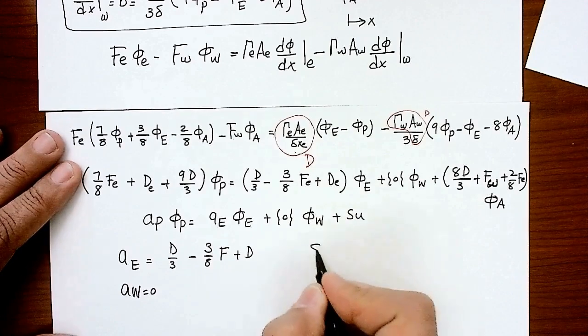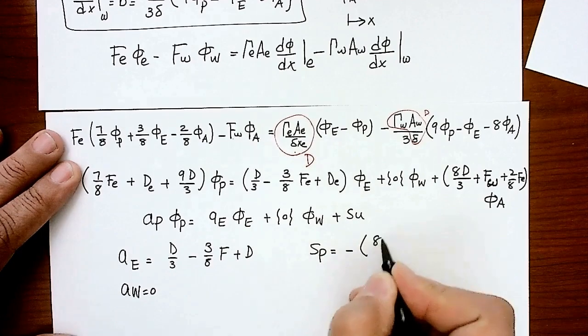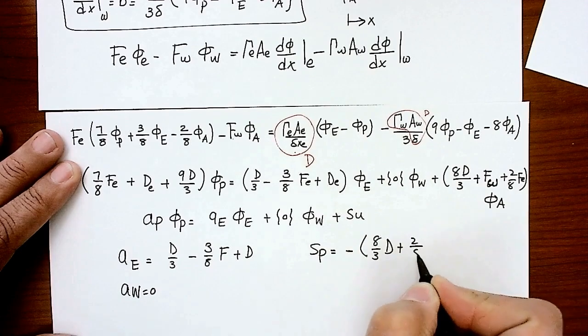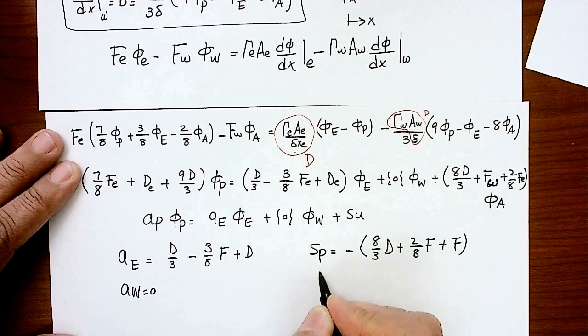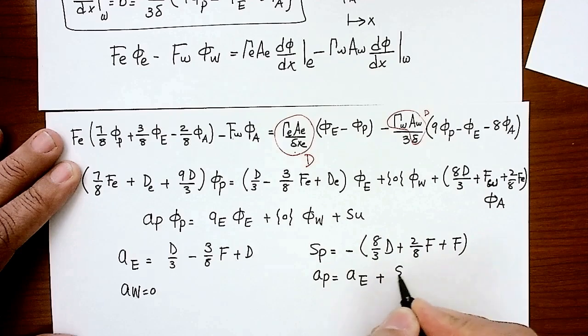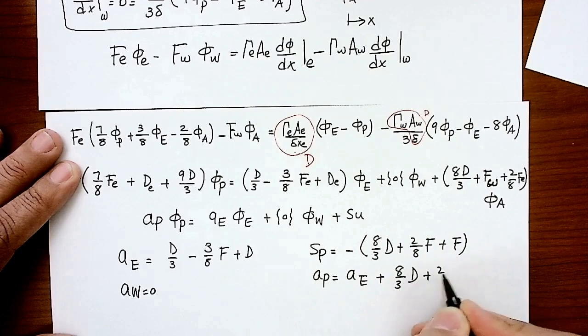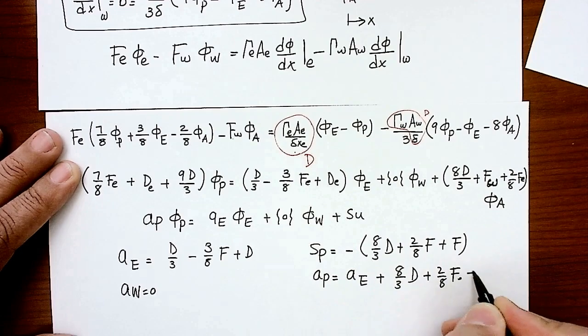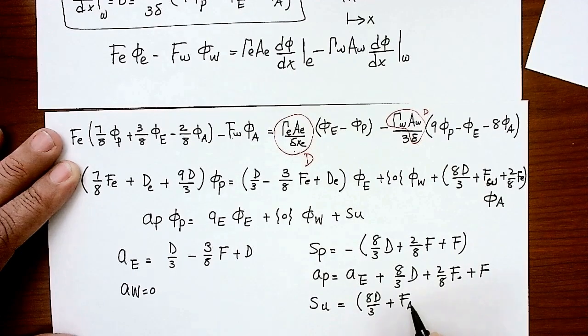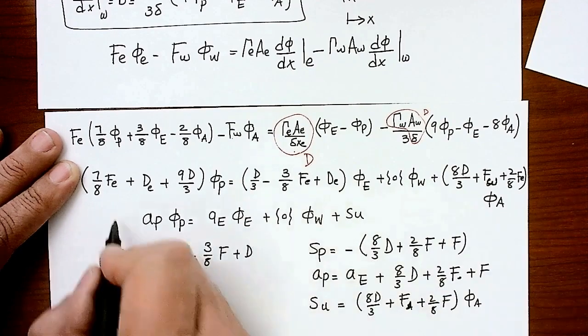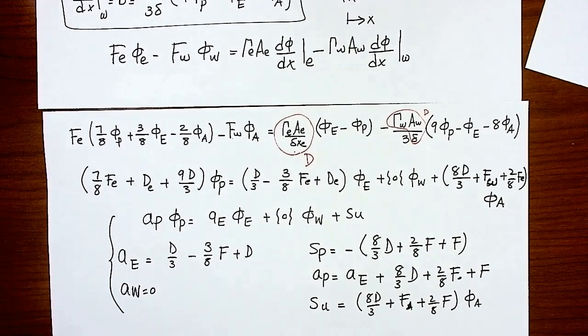I have SP is equal minus 8 over 3 D plus 2 over 8 F plus another F. Then I have AP is equal A east plus 8 over 3 D plus 2 over 8 F east or F plus another F. Then I have SU is equal to 8D over 3 plus FA plus or F plus 2 over 8, another F, times phi A. So these are the coefficients that we got for node number 1.